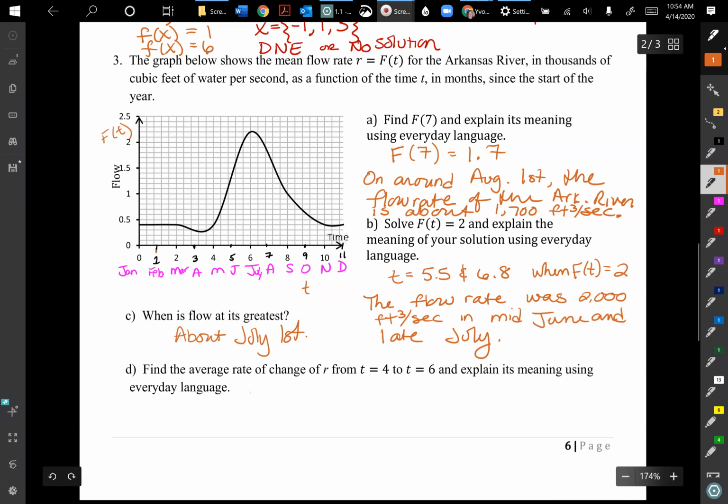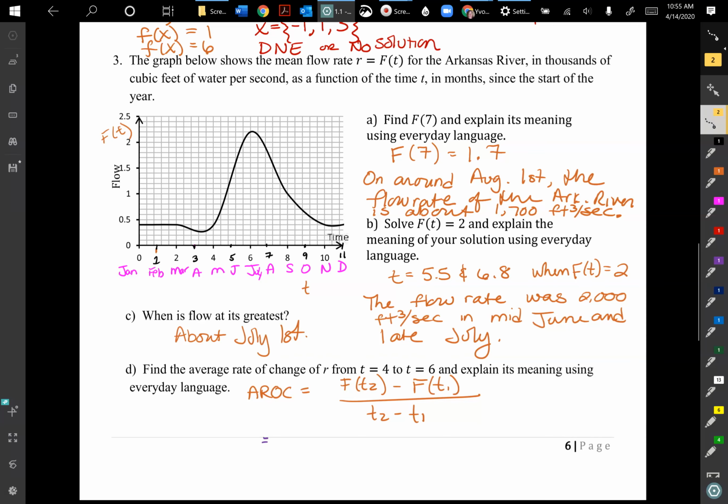So we have AROC is going to be f of t sub 2 minus f of t sub 1. It's always a good idea to label things and write the formula that you're using. This one's pretty standard though. So then the AROC is going to be, if I look at 6, my second one, I have that as about 2.2.